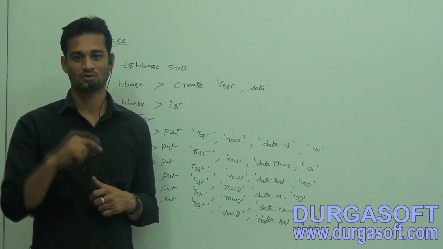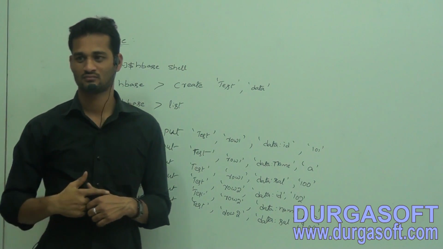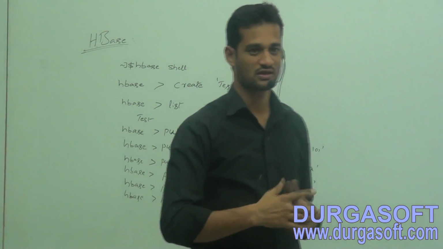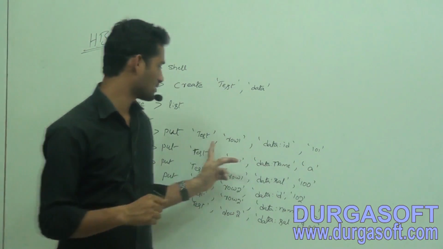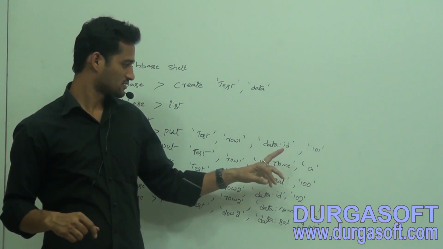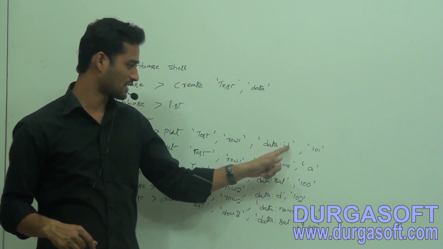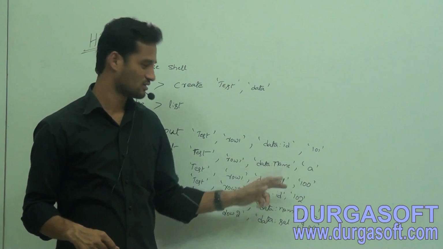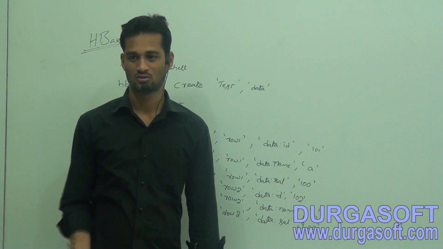But it is not a row. Row means a column will become a row over there. A column is nothing but a row over there, right or wrong? So how many rows are there? 2. Row 1 ID, name, salary, isn't it becoming column format? So how many rows are there now? 2 rows only.